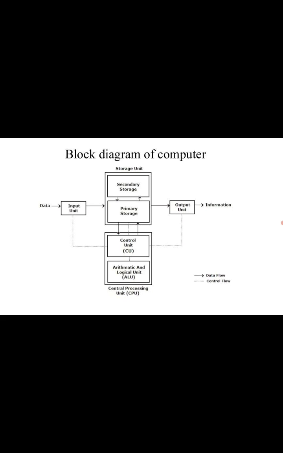Generally it contains many parts like processors and the storage memory unit. Again, memories are of different types like secondary storage, primary storage, like that. And the control unit, it is called a CU or control unit. And the last one is ALU, arithmetic and logic unit.